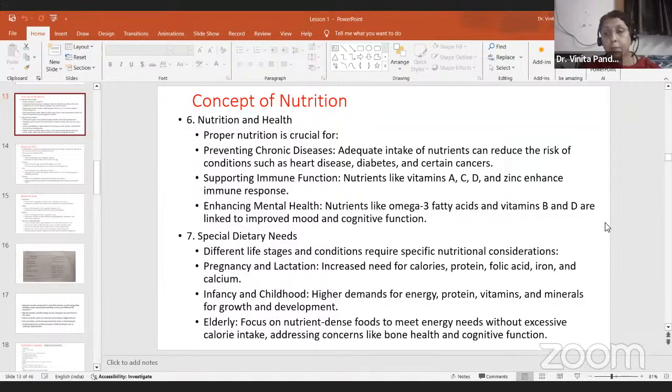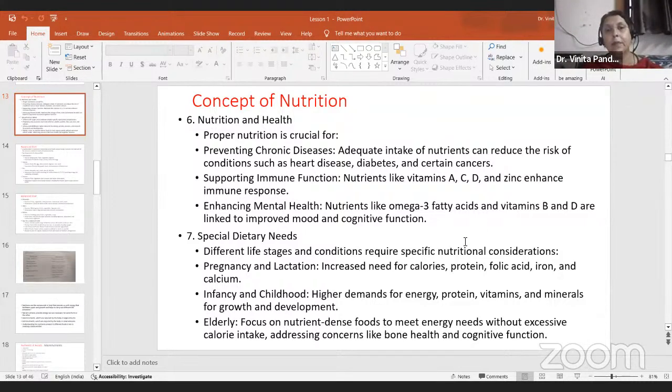And it is very important for us to also remember that different stages in our life, different professions in our life, different conditions in our life, the nutritional requirements can vary slightly.